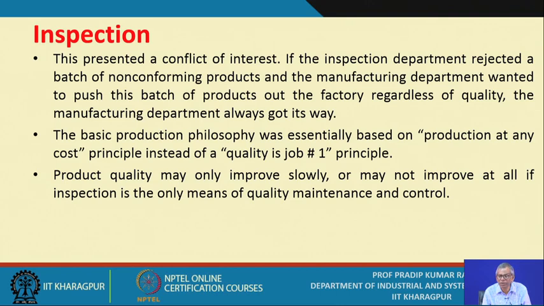These present a conflict of interest. Obviously there are 2 groups, the workers, they are producing, and another group inspecting its quality. If the inspection department rejected a batch of non-conforming products and the manufacturing department wanted to push this batch of products out of the factory regardless of quality, the manufacturing department always got its way.